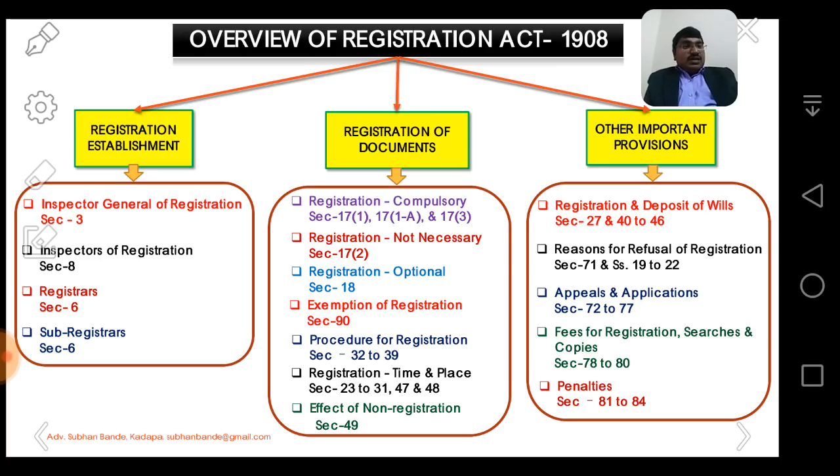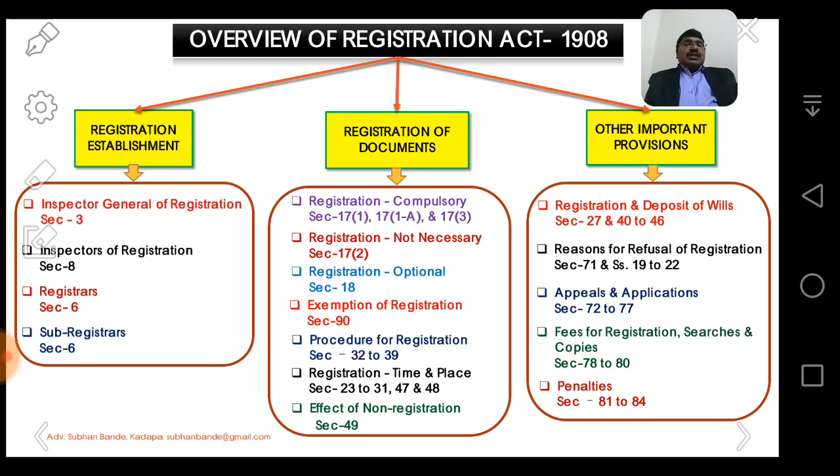But the fee for registration, searches and copies, this part is specified under sections 78 to 80. I have not prepared any slides in this video regarding the fee for registration, searches and copies. Why?